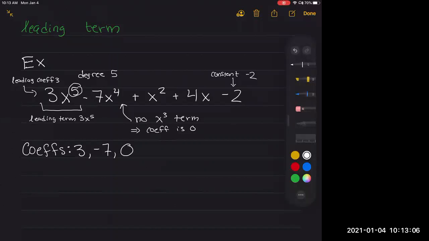So we still include 0 in our list of coefficients because there's a secret little 0x cubed right in here. And then we have a 1 for the x squared, a 4, and then a minus 2. We also include minus 2 in our list of coefficients, even though it is not in front of an x raised to a power. All right, so that's our example.